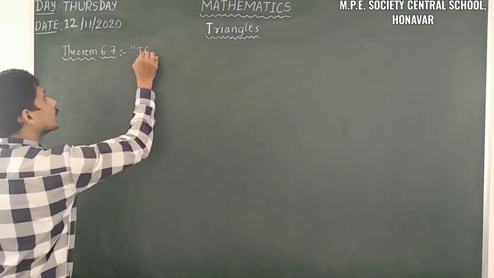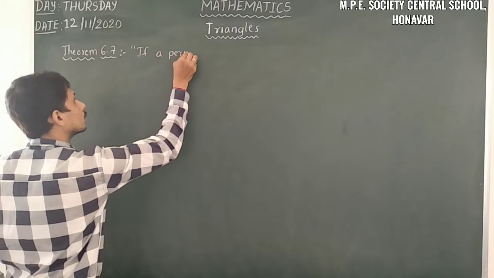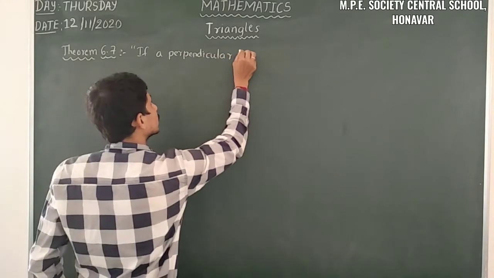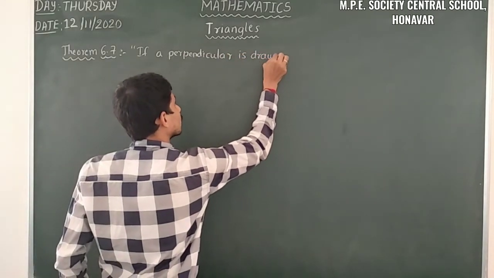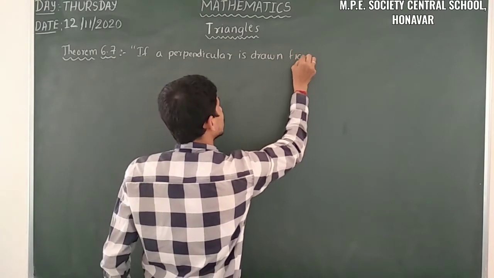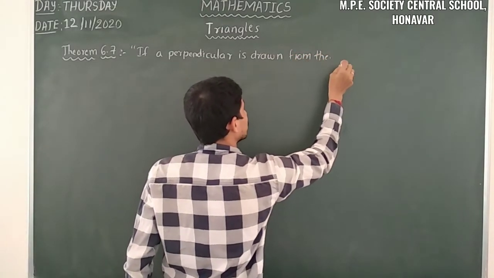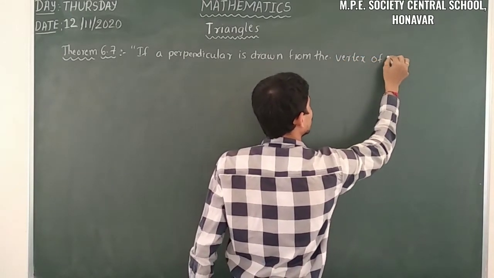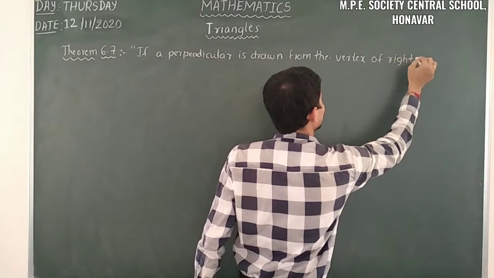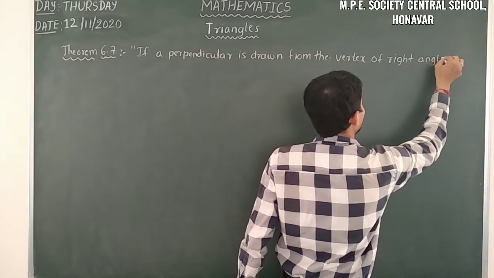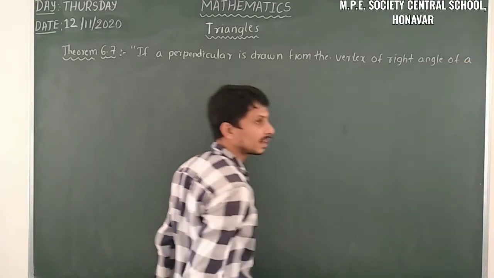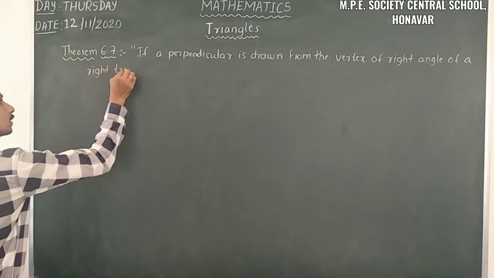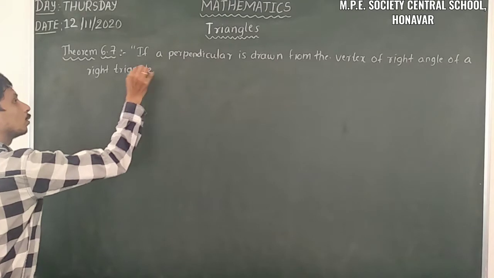If a perpendicular is drawn from the vertex of the right angle of a right triangle to the hypotenuse.